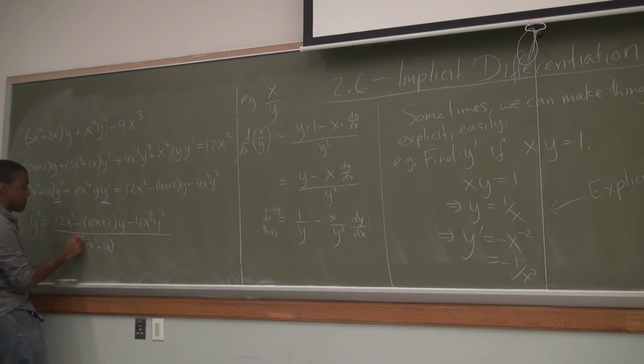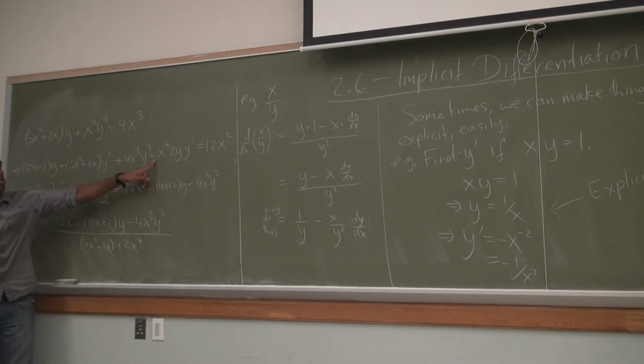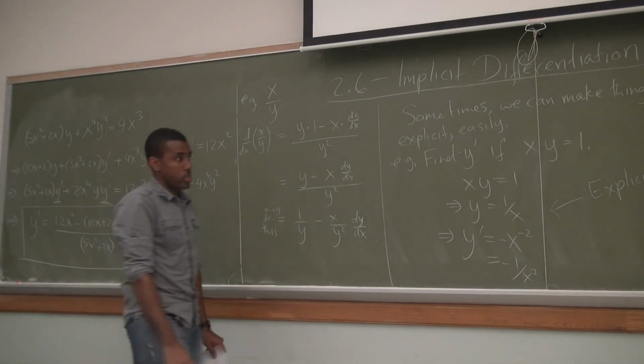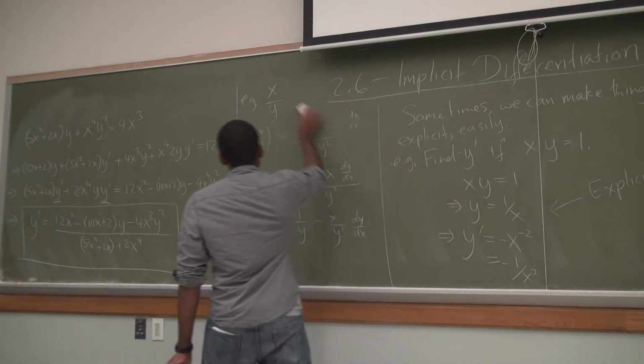Well, Professor, write down the 2x to the 4th. What? The 2x to the 4th came from here. Oh. And that would be your answer. It's okay to have y in the answer because you don't want to solve for it.